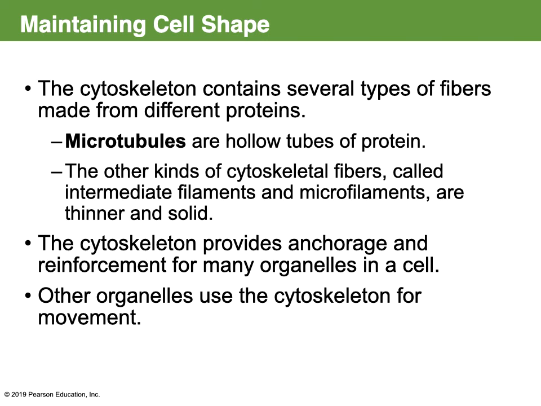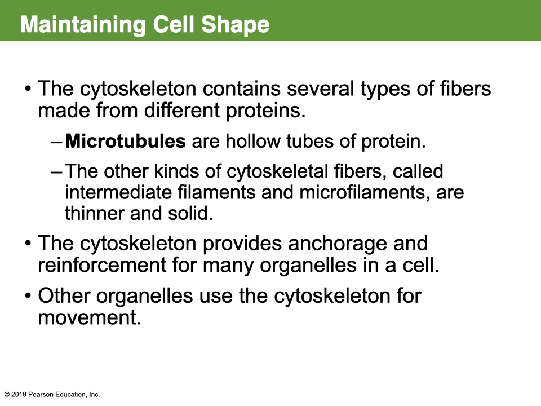Now, there's several kinds of fibers that are made from different proteins. Microtubules, as you can guess, are micro, tiny tubules, tubes. These are little hollow tubes of protein. The other types of fibers, intermediate filaments and microfilaments, are thinner, but they're solid.